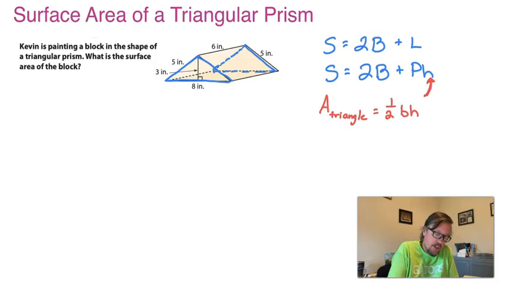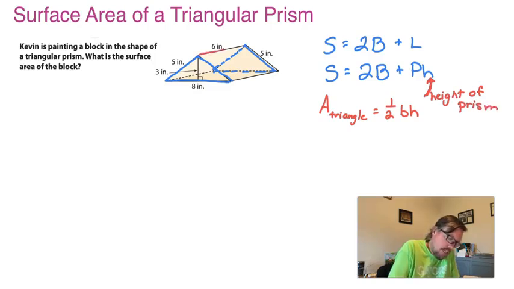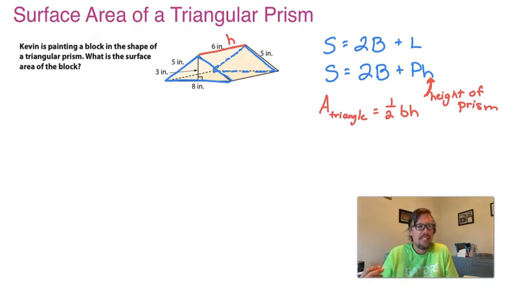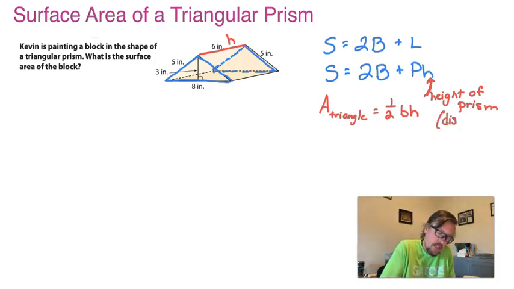So 1/2 base times height is how you find the area of a triangle, the height of the triangle. This h, on the other hand, means the height of the prism. So this right here is the h for our prism. 6 is how high the prism is because it's the distance between the two bases.